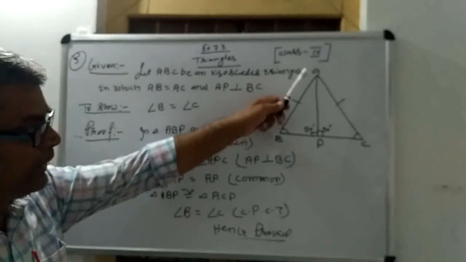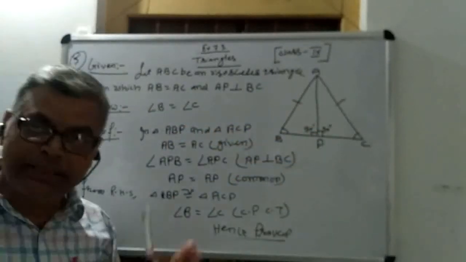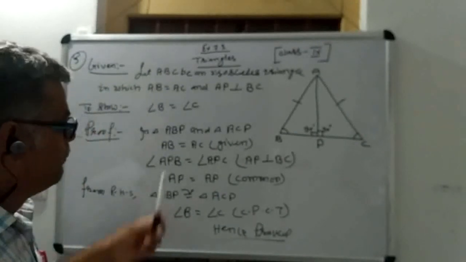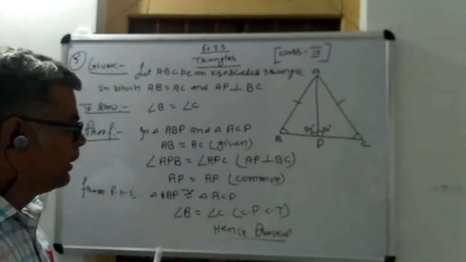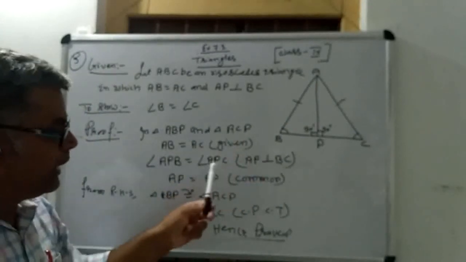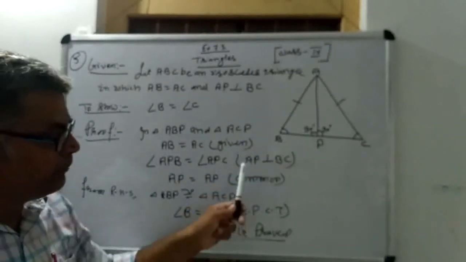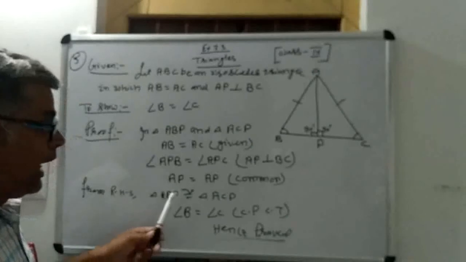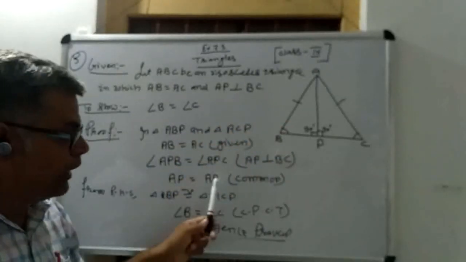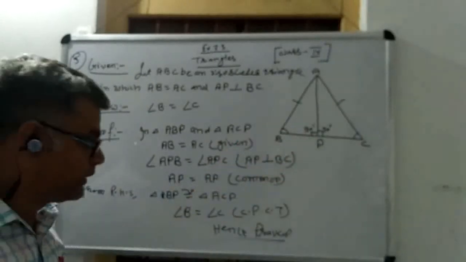So first you take the triangle ABP and triangle ACP and make these two triangles congruent by taking AB equals to AC, which is already given, and angle APB equals to angle APC is of 90 degree because AP is perpendicular on BC. And third part, AP is equal to AP because it is common to both triangles.